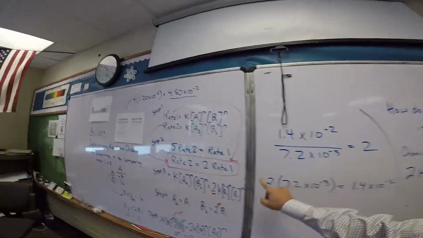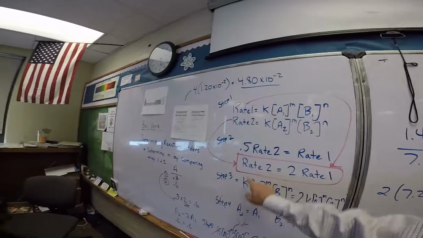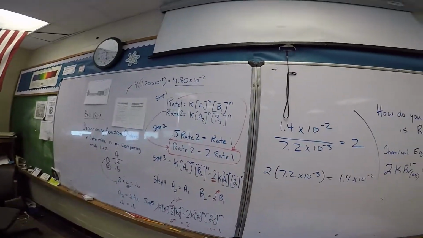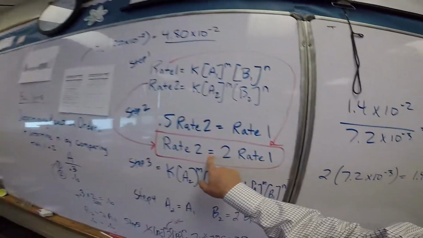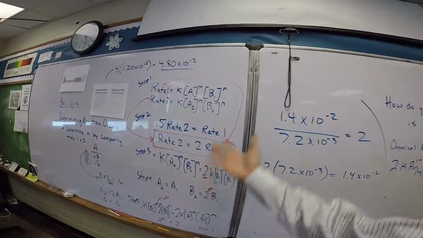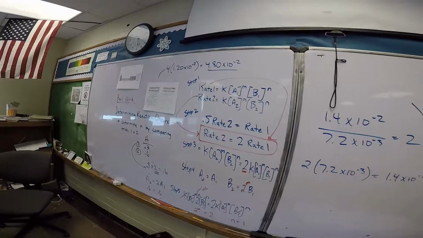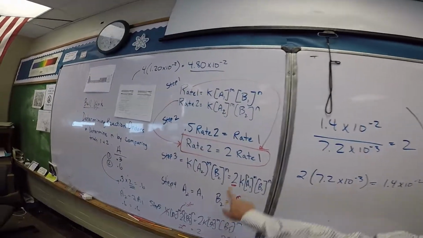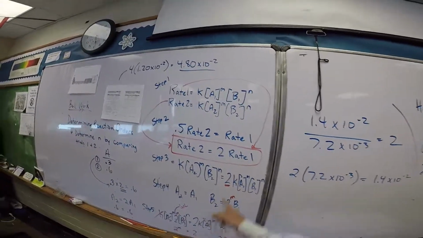So basically it takes 2 of rate 1 to equal rate 2. Can the rates be equal? Yes, we can make them equal by doubling it. Now we just substitute.